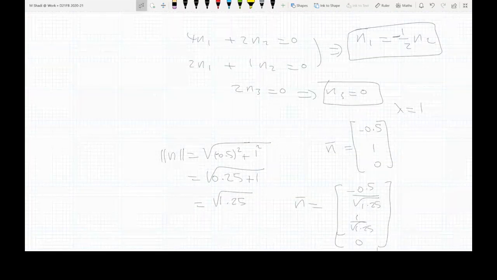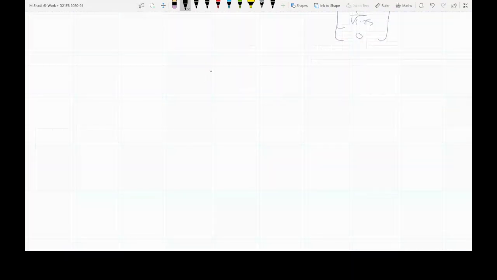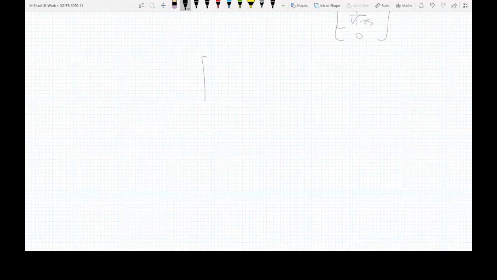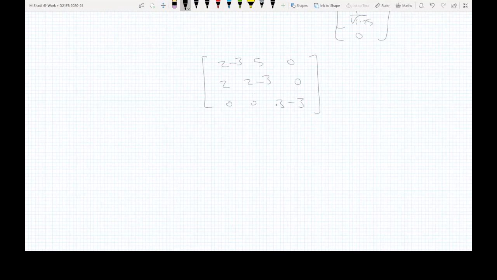And then finally, we have the eigenvector which corresponds to lambda equal to 3. So we have 2, 2, 5 minus 3, and 5, 2, 2 minus 3, and 0, 0, 0, 3 minus 3.